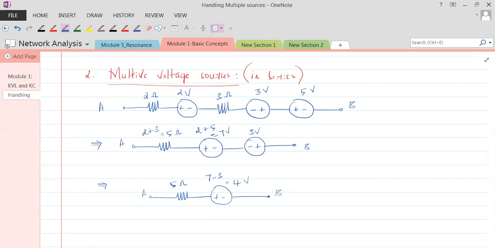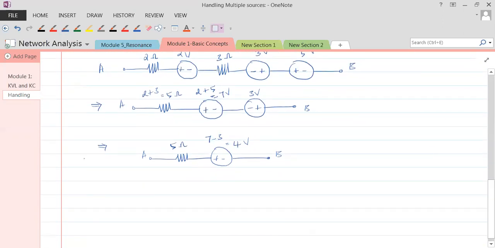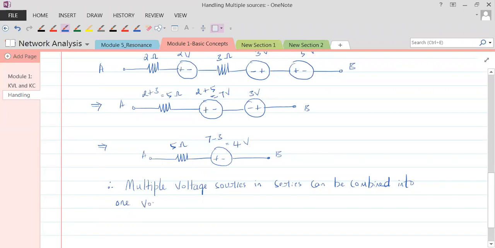So you can make a statement: if there are multiple voltage sources in series, therefore they can be combined into one voltage source.